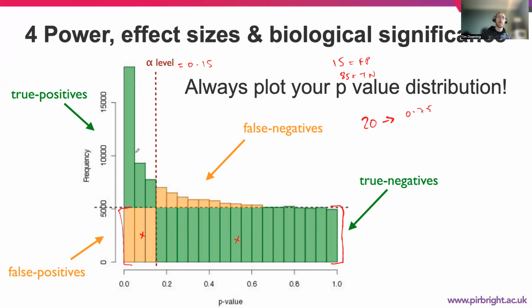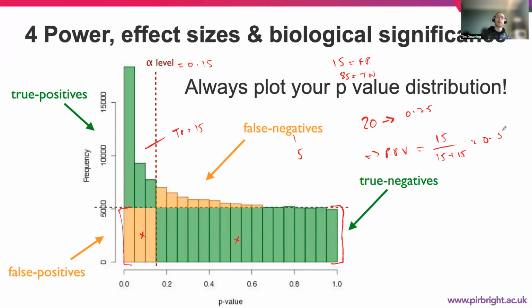That means this green area, which is our true positives, corresponds to 15, and our false negatives corresponds to 5. And that means we can calculate our PPV, which is going to be 15 over 15 plus 15. So it's just 0.5 here.